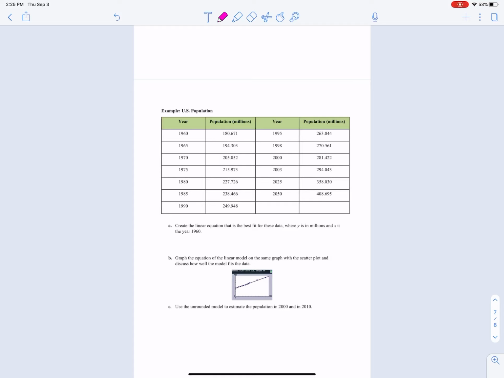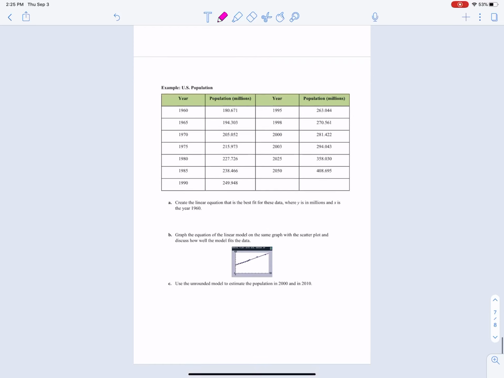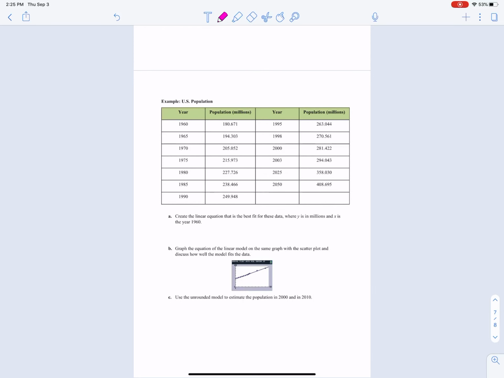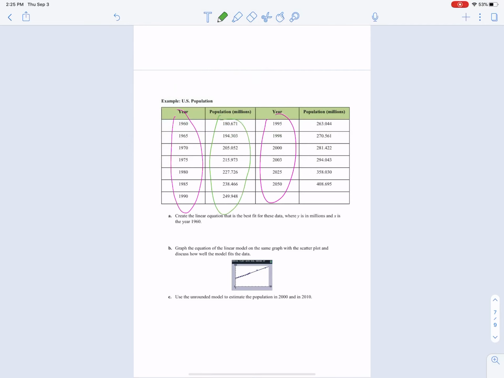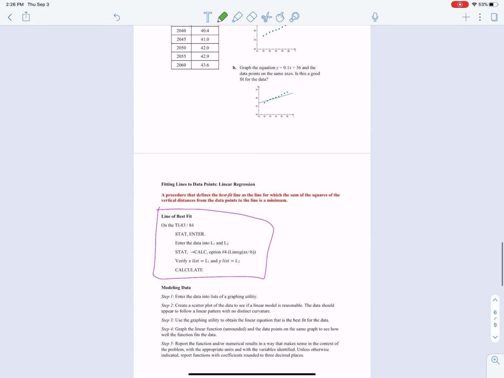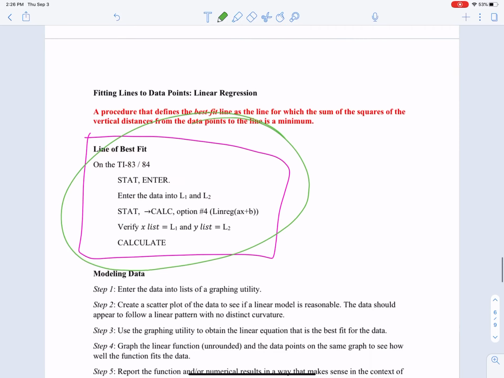All right, so like I said, I'm not going to go through this one. You can try it out on your own. But what you would end up doing is put all these years in order into L1, and then put all these population values into L2, and then you follow the directions right up above here that I just boxed.